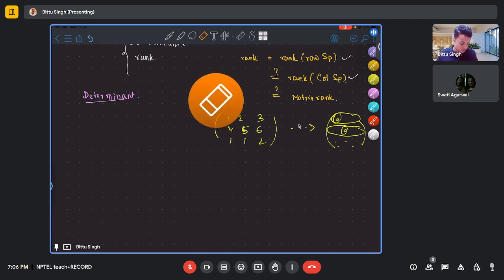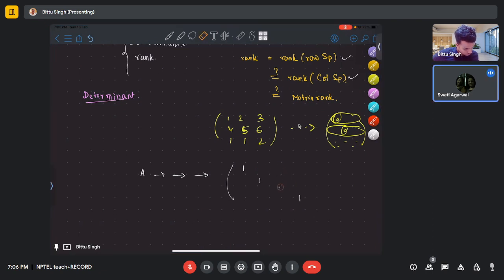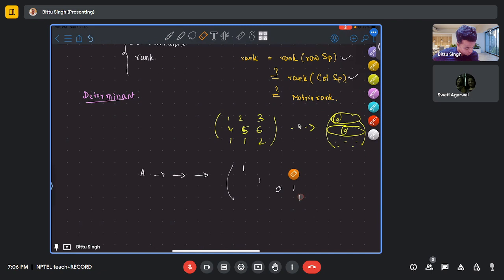For example, suppose after a few reductions of A we are getting this matrix: 1 2 1 1, 0 1, and 0.